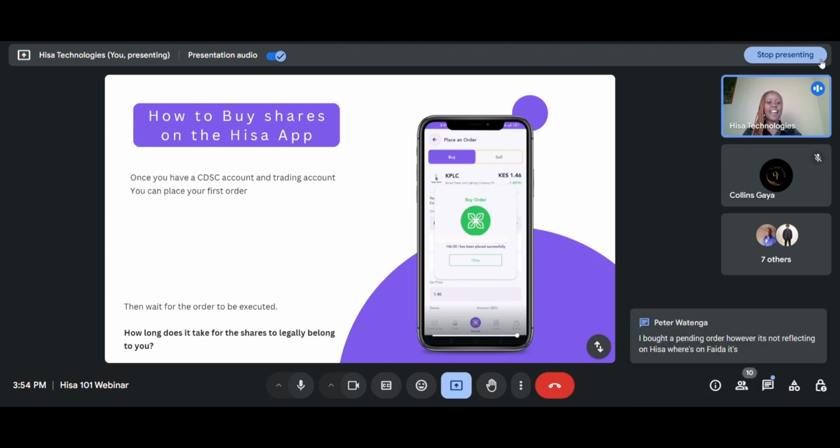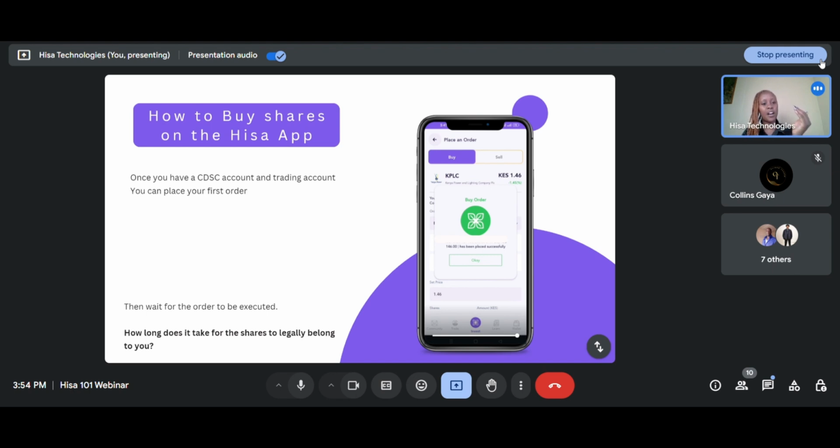There we have it. It is as simple as that. How can you buy Kenyan shares on the Hisa app? Once you have your CDSC and trading account, you can place your first order. How do you do this? On your app, go to the invest page, tap on Kenyan shares, tap on all, then search for the company that you want.